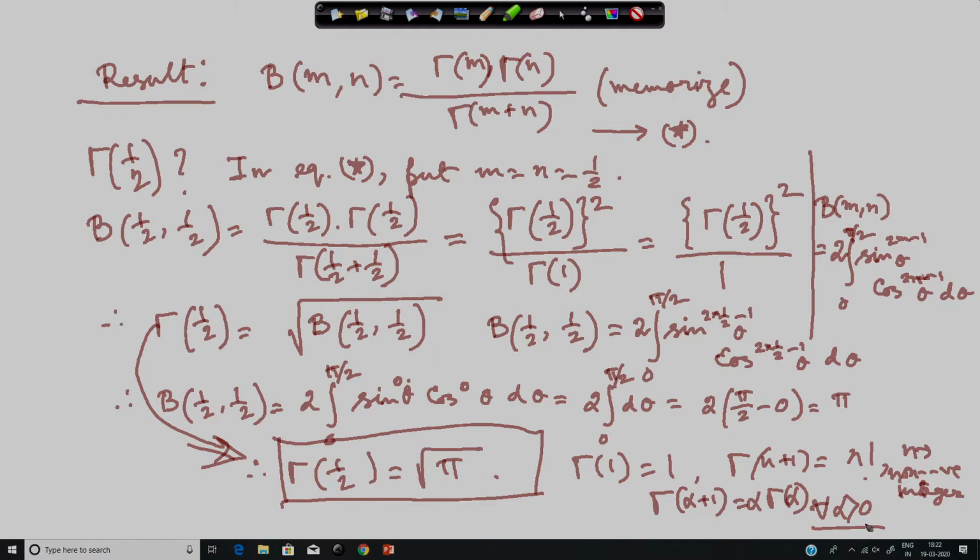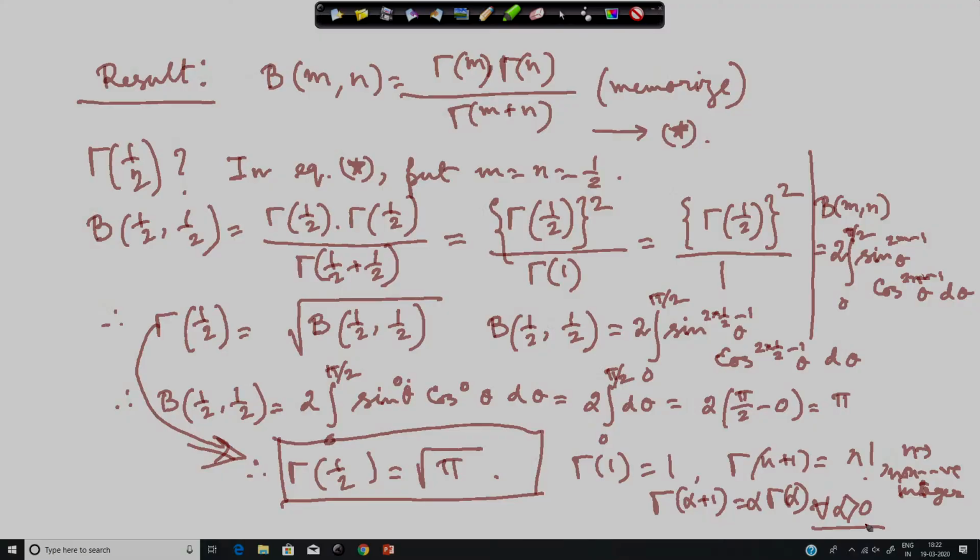You must remember alpha greater than 0; you cannot put alpha equal to 0, nor any value of alpha less than 0. So this is about some properties of the gamma function.